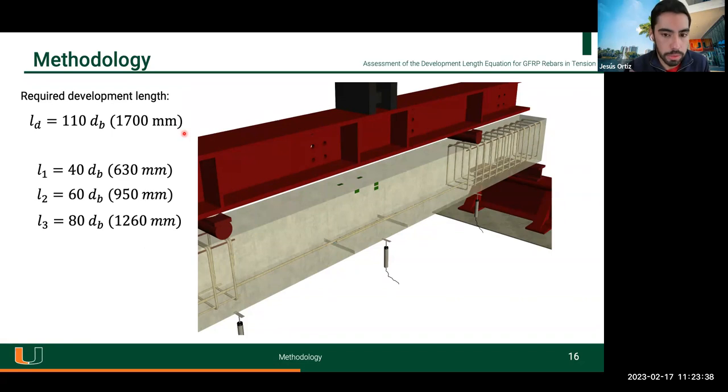Imagine if you need to splice those 2 bars in a beam, you will need almost 2 meters available, or if you need to embed that bar for anchorage at the end of a column, you will need that space to fulfill this requirement. So we have 40 db, and we are analyzing 60 db and 80 db. What happens when we increase those development lengths, and how are the bond stresses transferred to the concrete?